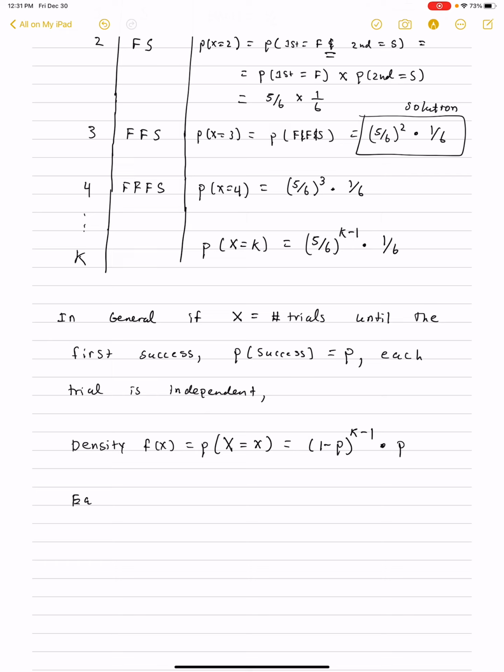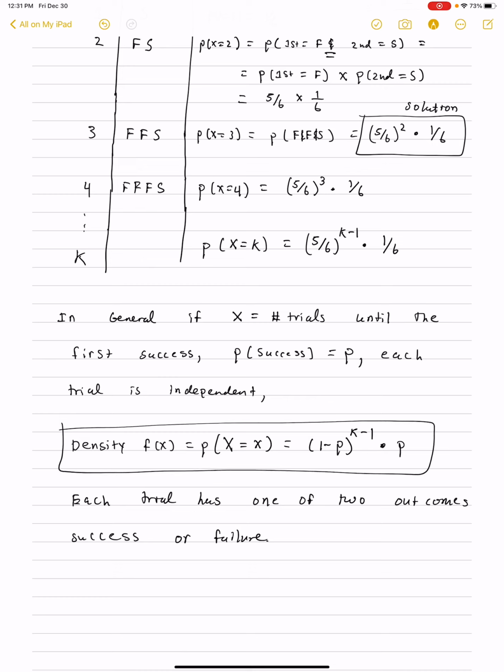So let's add that. This is the density function of a geometric distribution.